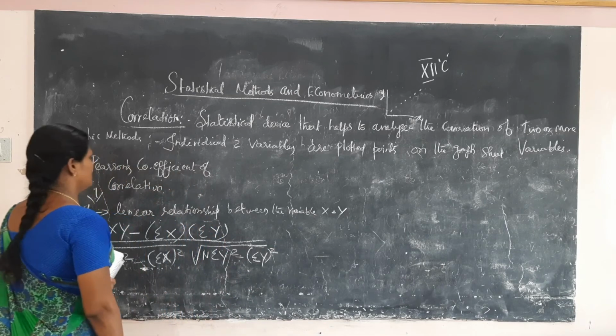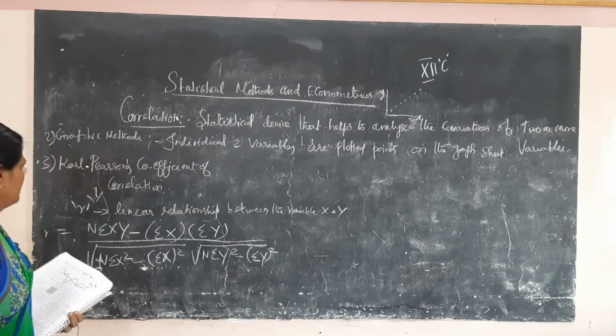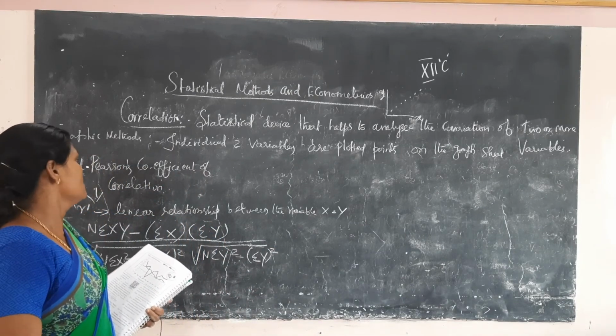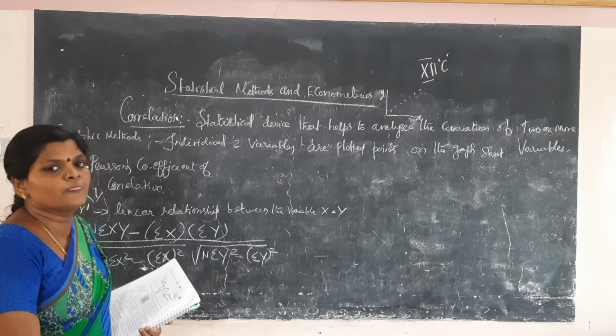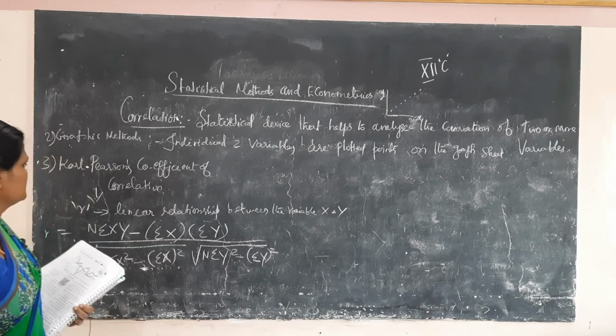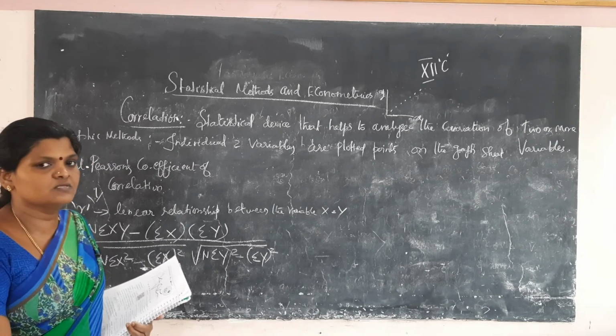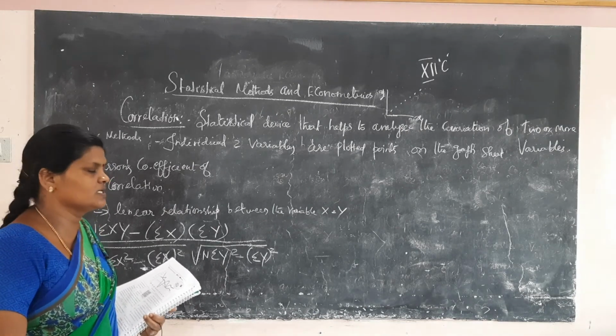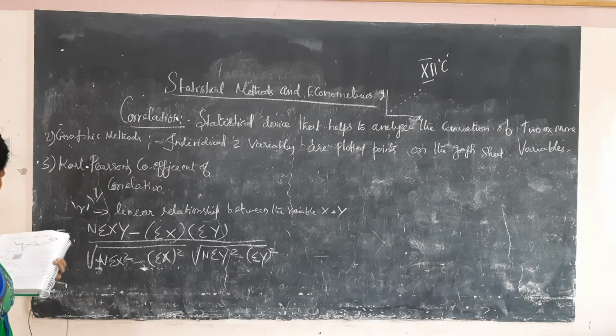This is the formula for calculating Karl Pearson's coefficient of correlation. R gives the linear relationship between the variables x and y.